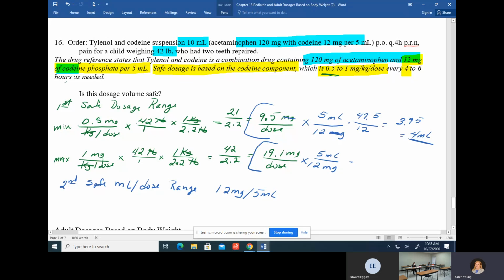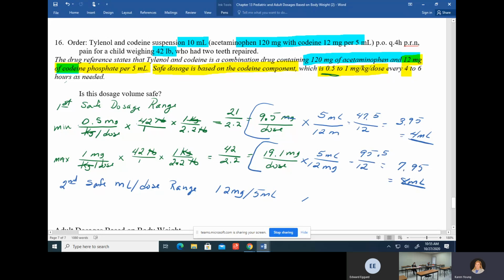And then I'm going to multiply 19.1 times 5, and I get 95.5 over 12. And that gave me 7.95, which would round to 8 milliliters. Okay.